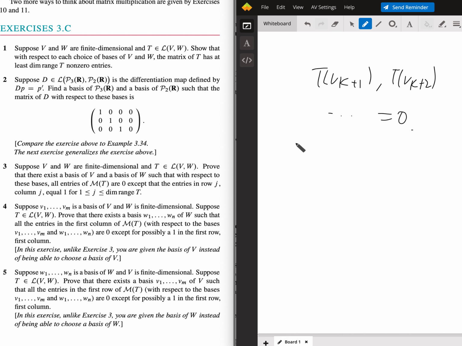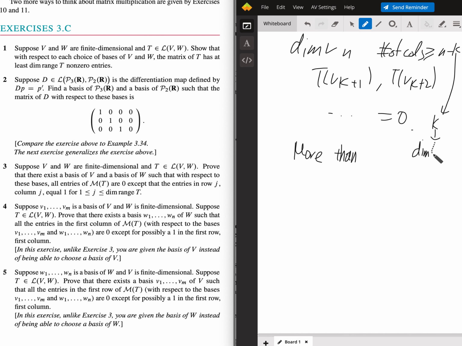So say the dimension of V is n, and the number of columns which are non-zero is greater than n minus k, where k is the dimension of range T. If the number of columns where things are 0 is greater than n minus k, the number of columns where there exists one non-zero entry is less than k.